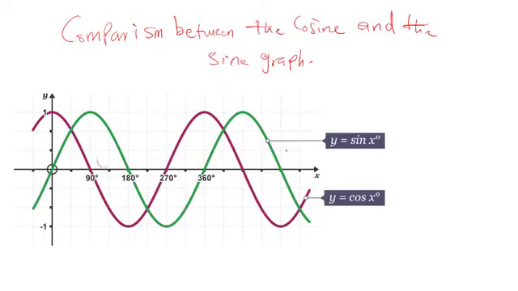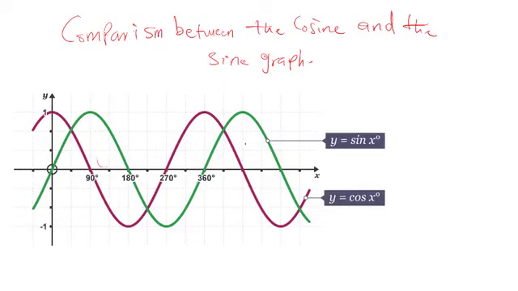The same thing is applicable to the sine graph, but the only difference is that the sine graph is leading it by 90. So for that same reason, when the cosine is at 90, the sine will be at 180, and when cosine is at 180, sine will be at 270, and when cosine is at 270, sine will be at 360.